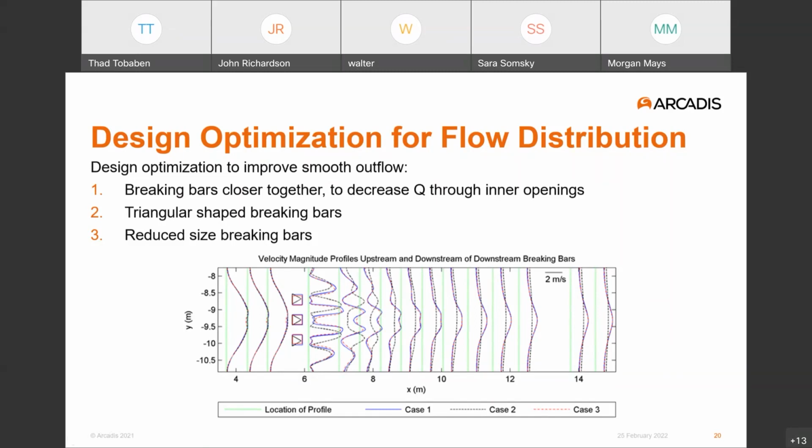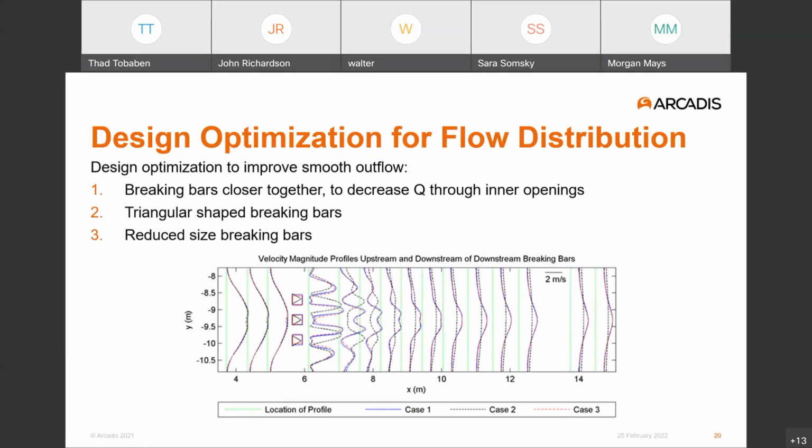And so what this indeed is showing us is that these triangular braking bars seem to work better in that they smooth the exiting flow from the door. And between the preliminary design for this and the final, the triangular braking bars were adopted just for this reason.